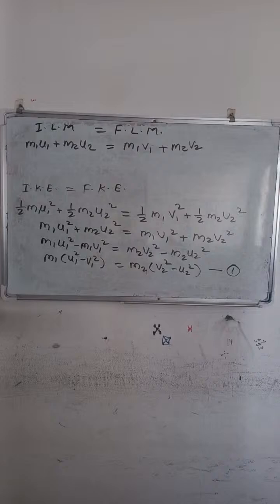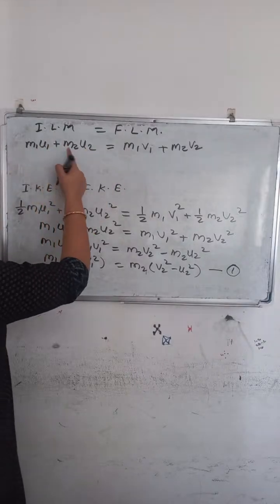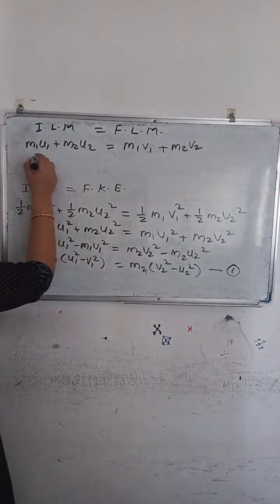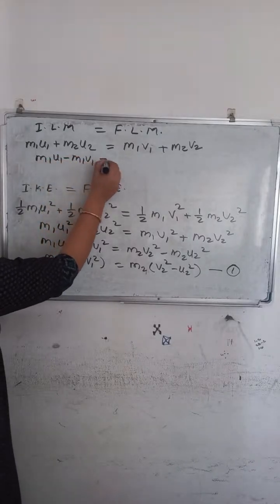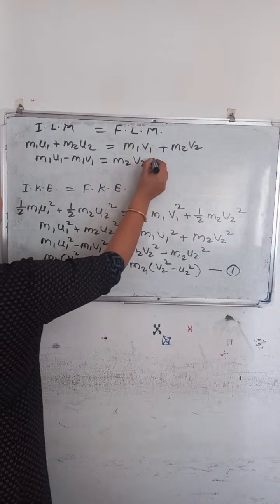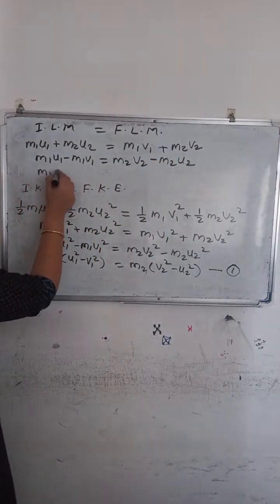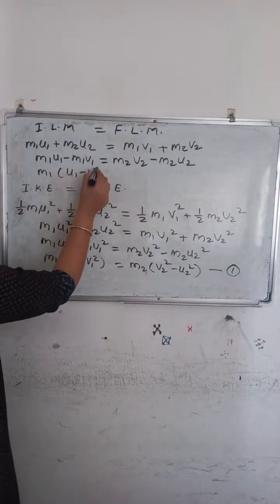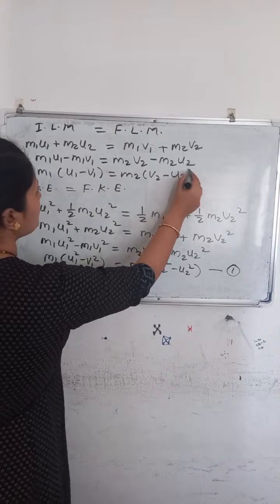Okay, and then here again you can transpose the terms, m1 bring it over here, m2 you can transpose to that side. So m1 u1 minus m1 v1 is equal to m2 v2 minus m2 u2. So here you can take m1 common, u1 minus v1, and here m2, v2 minus u2.